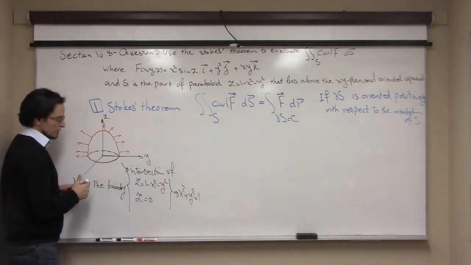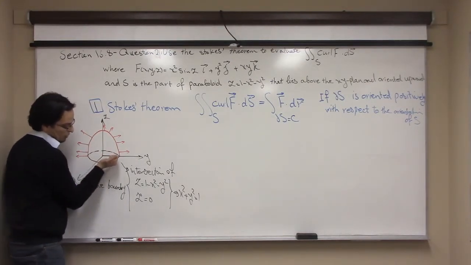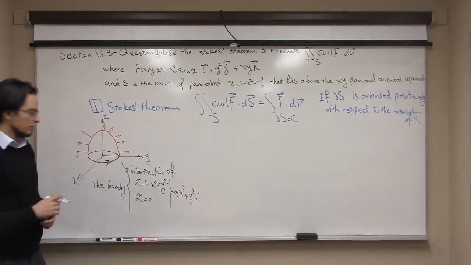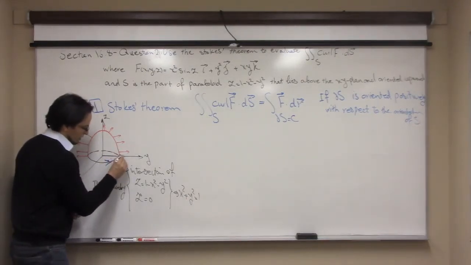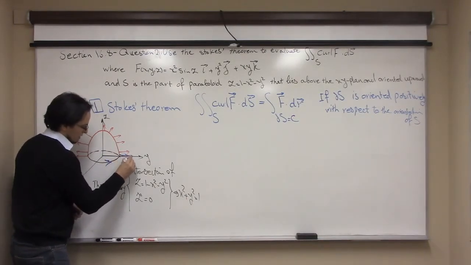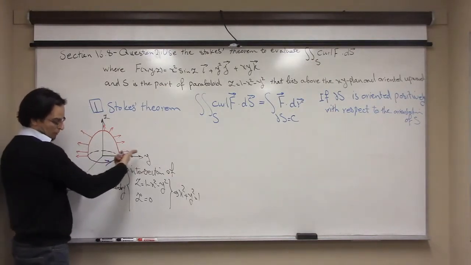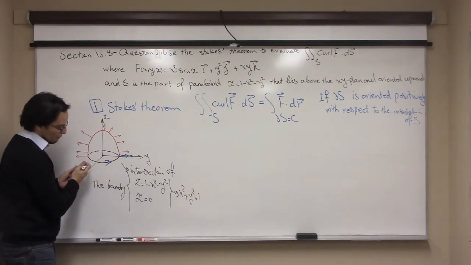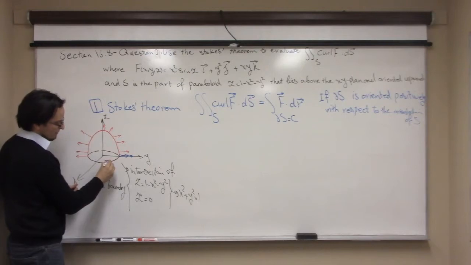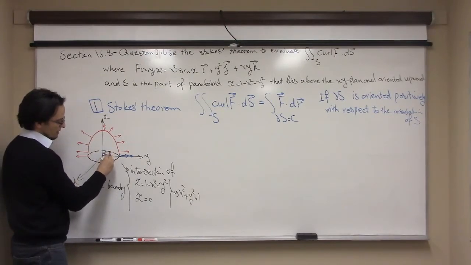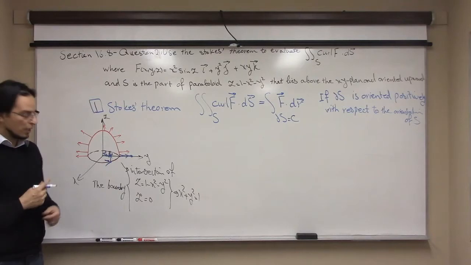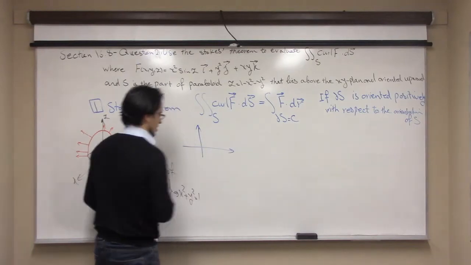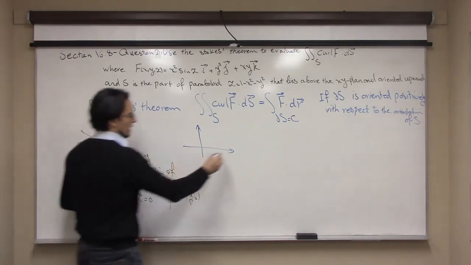In other words, this is pointing upward like this, and as I move this way, I will have that. The orientation of the surface gives me up or down. So this is up. And then if I move in this direction, the surface stays on my left. So that's the orientation. Okay, but what does it mean in this case? So this is x, this is y.